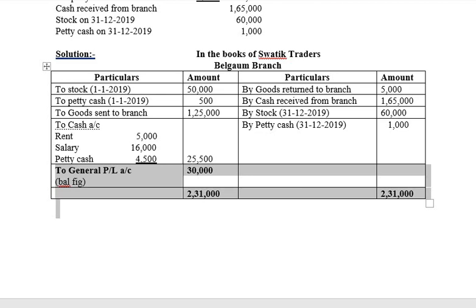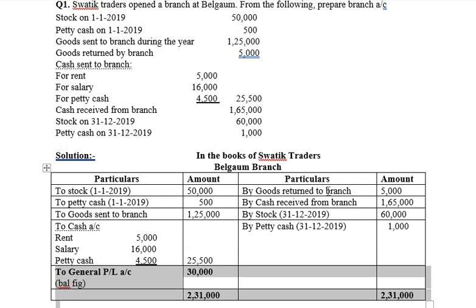But when you are receiving the goods, goods returned by branch, it means the head office is receiving them, so it comes to the credit side. Next, any cash entries done? Cash sent to the branch goes to the debit side, cash received from the branch to the credit side, and closing stock to the credit side.